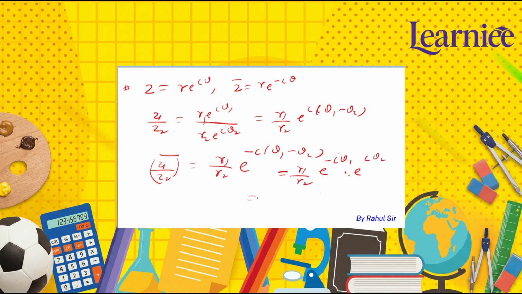So this is nothing but r1 e to the power minus i theta 1 divided by r2 e to the power minus i theta 2. That's nothing but z1 bar upon z2 bar. Okay, so in the same way we can prove it for the division also.